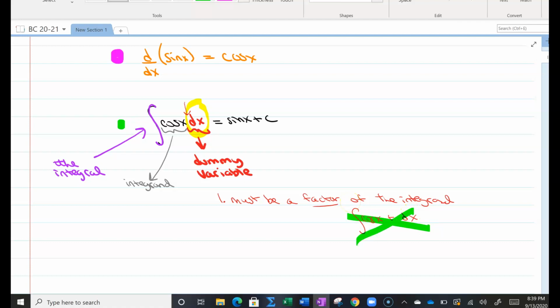The second point I want you to tend to right now is that the variable, that x right here, the x part of the dx, the variable of the dummy must match the variable of the integrand.